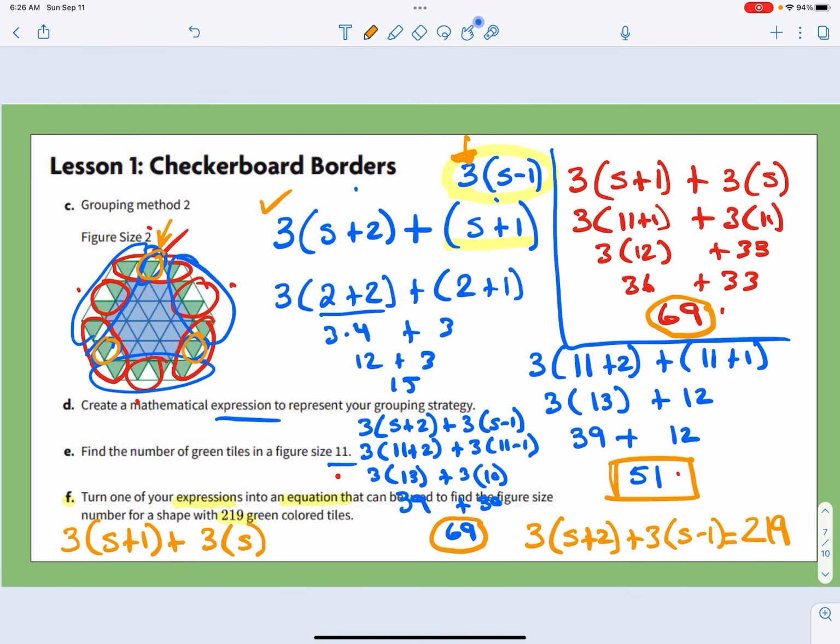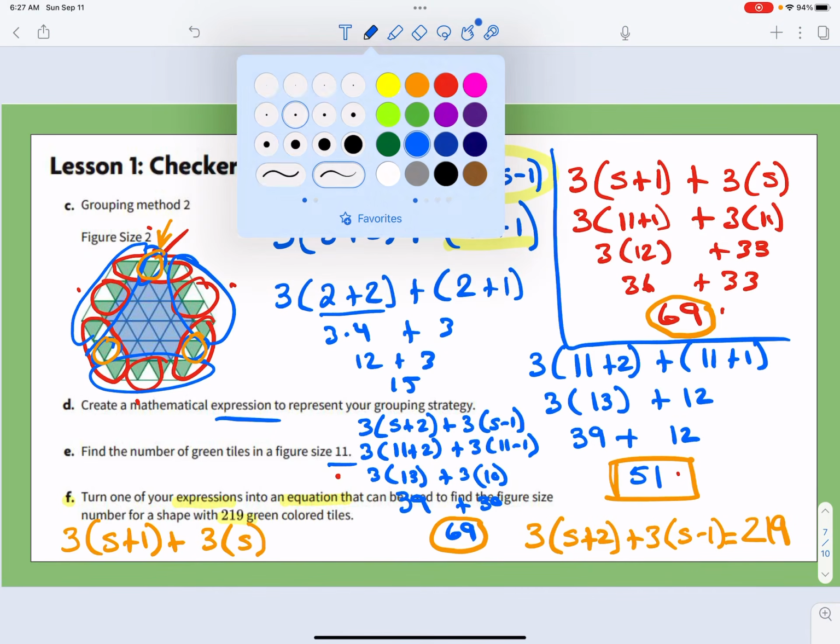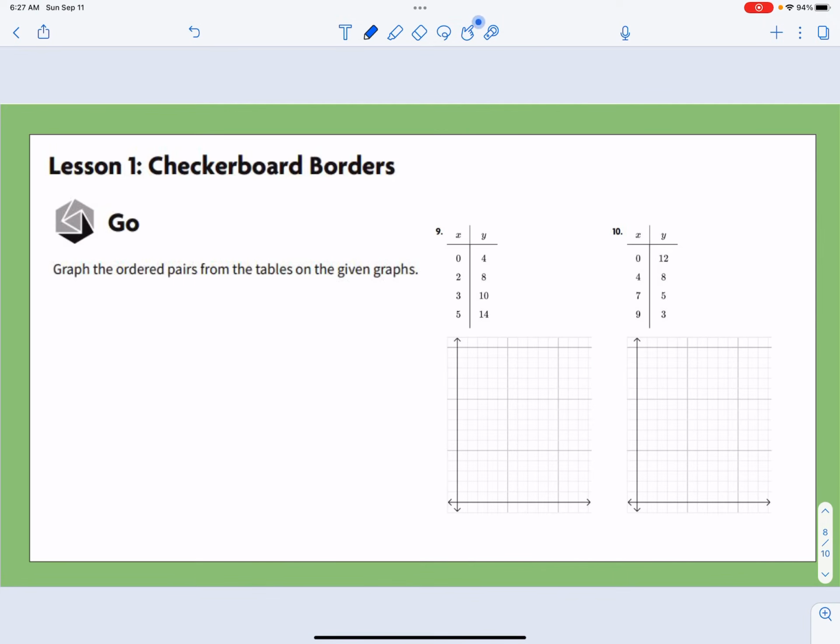Does that work? Sure, it works the same. You get the same solution, right? So it's just kind of up to you for what do you see. All right? And again, just different ways of approaching it. That's how math works sometimes, and especially when you're looking at these types of problems. Now, when you look at problems like the next group, a little different here. There's only going to be one solution.